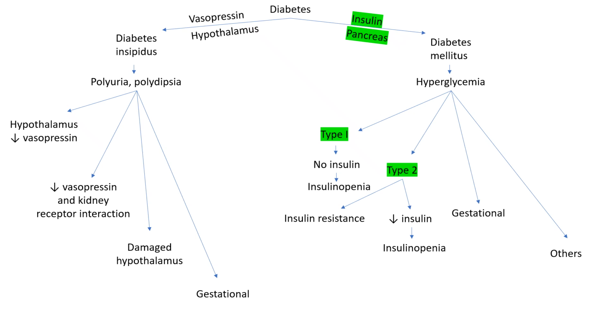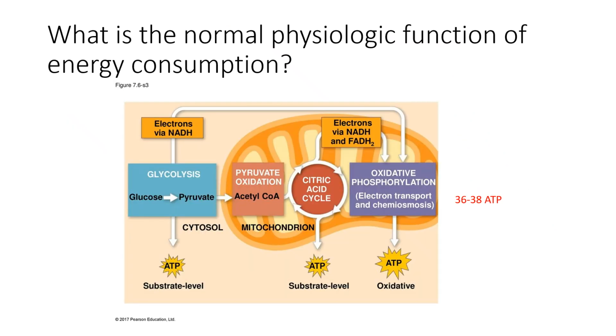Type 2 also has insulinopenia, but instead of no insulin, it's just low production of insulin. Also under type 2, the receptor is not binding the insulin for some reason, but that person has the right amount of insulin. So this is how you can traditionally draw a concept map looking at diabetes.